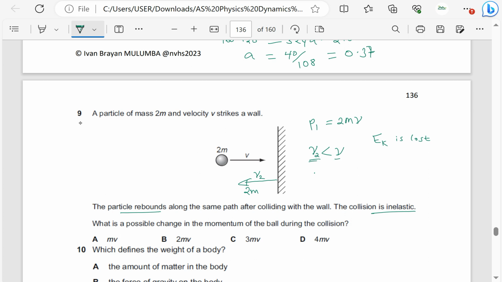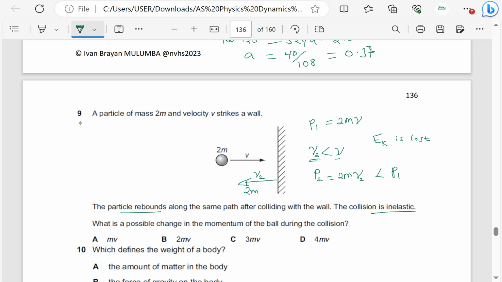So the second momentum P2, which is equal to 2m times v2, is going to be less than P1.